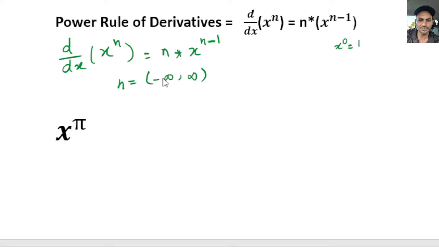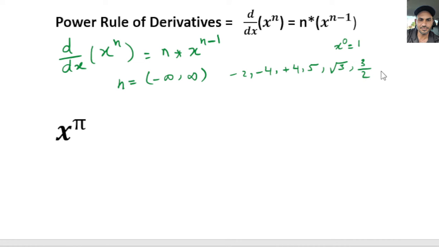So n is equal to anything between negative infinity and positive infinity. And what are some numbers that can occupy that interval? We have negative numbers, like -2, -4, or positive numbers like that. Or it could be irrational numbers. It could be fractions, which are rational numbers.